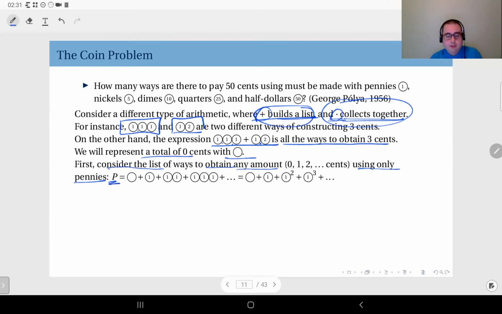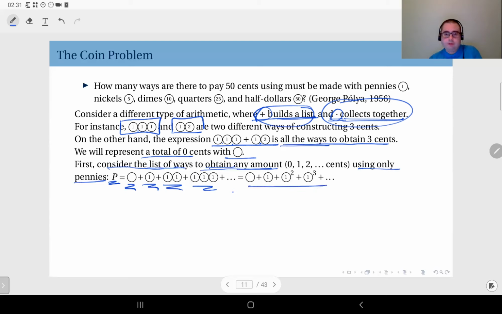So I'm going to call the expression P the list of all the ways, okay, to obtain any amount from 0 all the way to infinity. So it consists of 0 and 1 and 2 and 3 and so on. So I'm going to represent this as this power series.